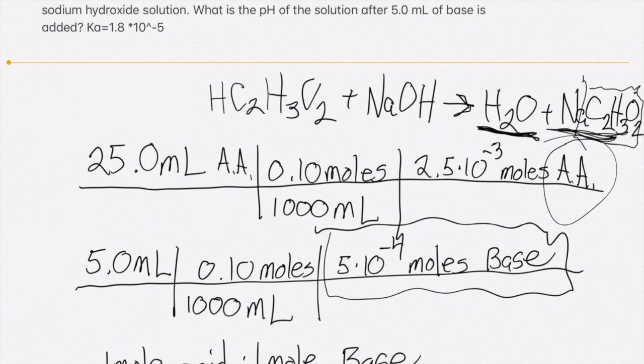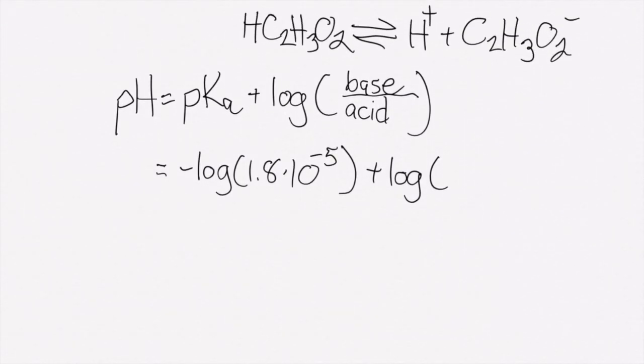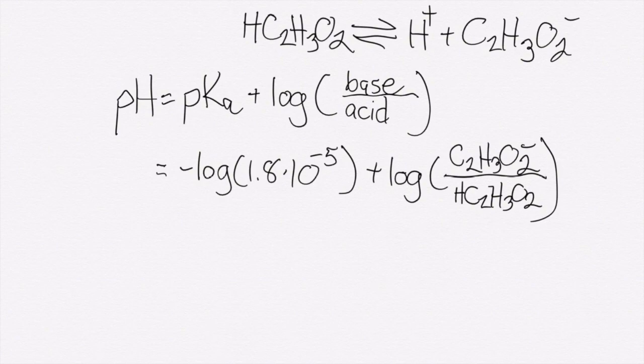Sodium acetate is completely soluble. It's a strong electrolyte solution. Therefore, it's really just sodium ions and acetate ions floating around. So we can say it's the log of C2H3O2 minus over HC2H3O2.